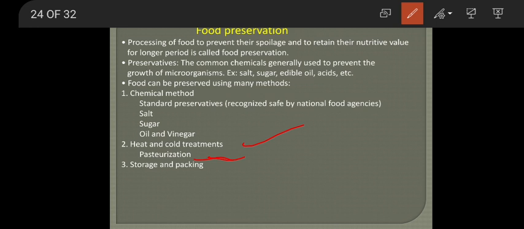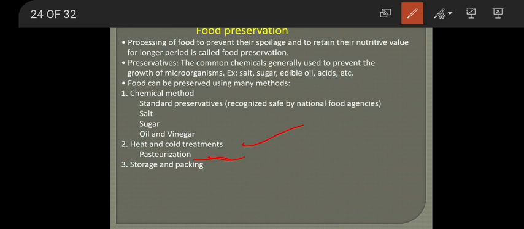So in that way we can say the growth of microorganisms will be stopped when the milk is pasteurized for 1 or 2 days. So in that way we are preserving the milk. This method of preserving the milk is called pasteurization. It was discovered by a scientist called Louis Pasteur. On his name only, this process of preserving the milk is called pasteurization.